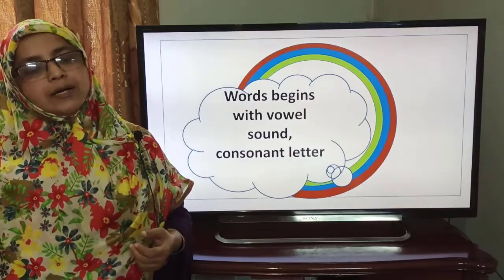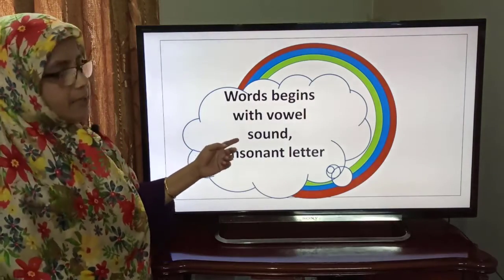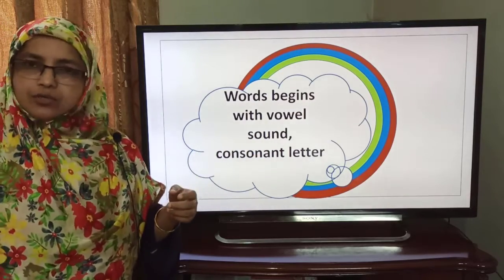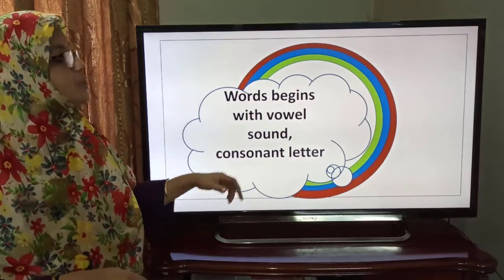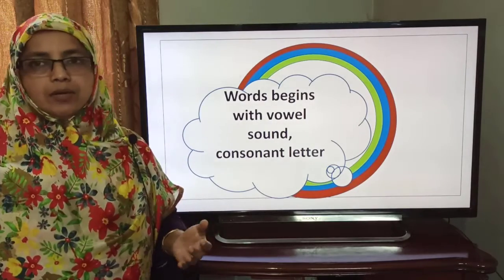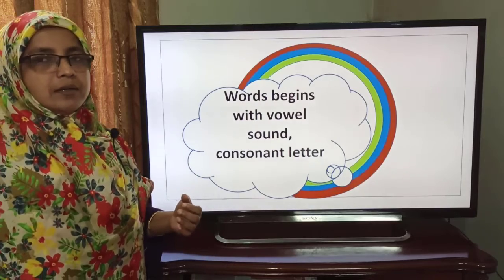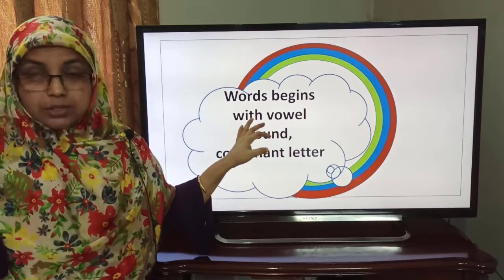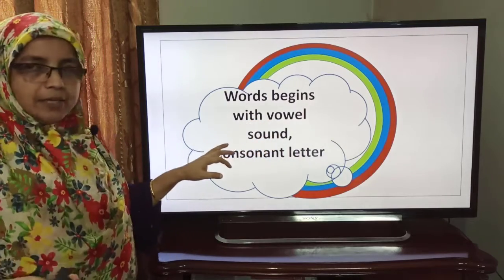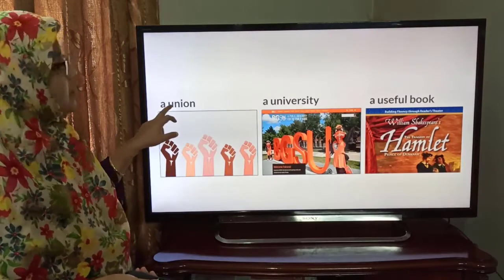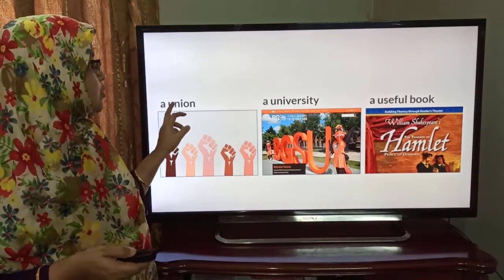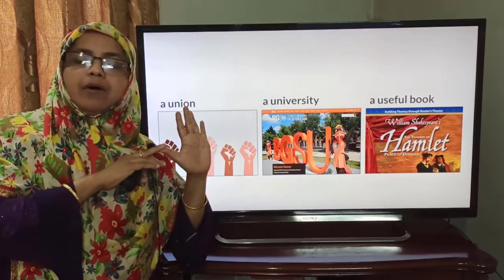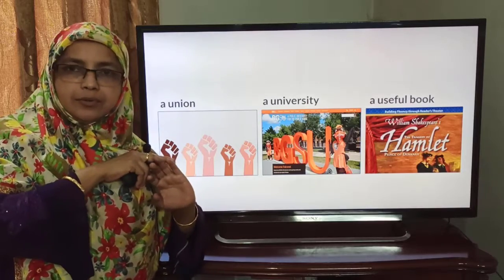Then there are some words that begin with a vowel sound. The letter is a consonant, but the word begins with a vowel sound. We utter a vowel sound. Clear? There are some words that begin with consonant sounds, not consonant letters. Let's see. Union. We know we have five vowel letters, a, e, i, o, u.